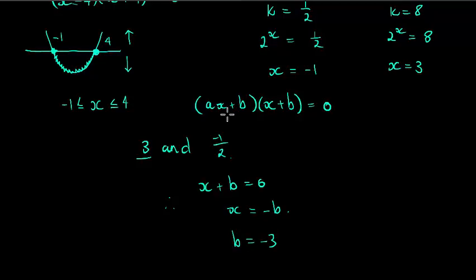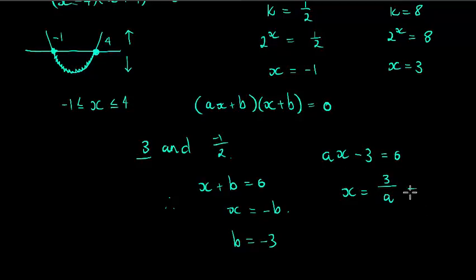So now I have that ax minus 3 is equal to 0. And so in other words, x is equal to 3 over a when I solve it.